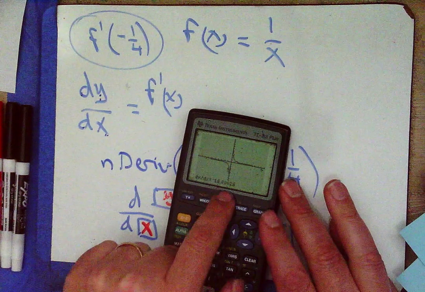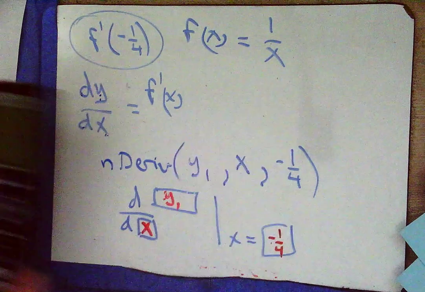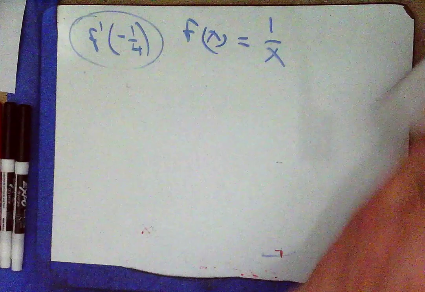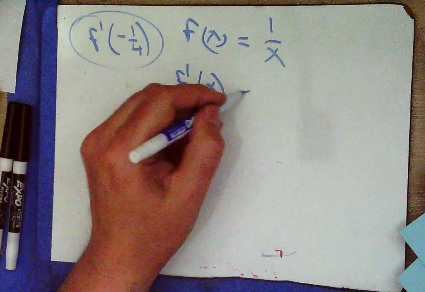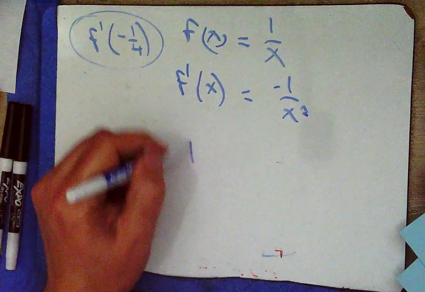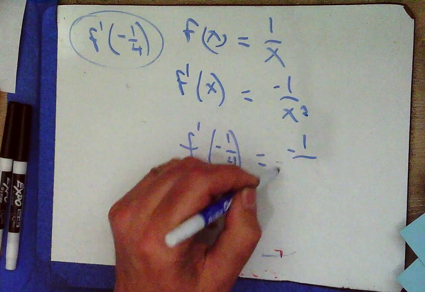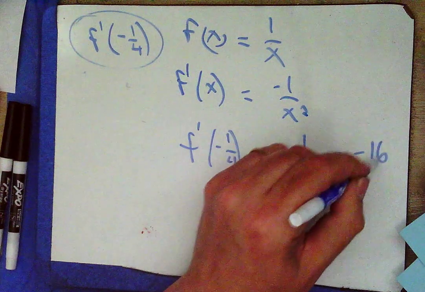Hey, look, it's 16 and change too. That's so funny. Because we know it's 16. We know that the general derivative, f prime of x, is negative 1 over x squared. And so f prime of negative 1/4 is not going to be approximately, but exactly negative 16.